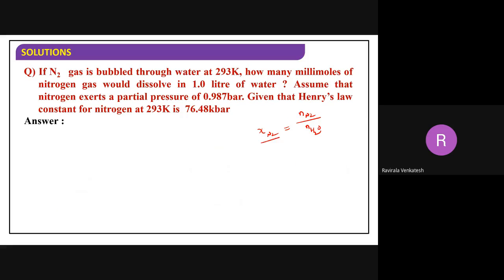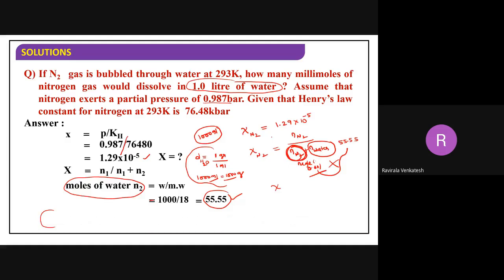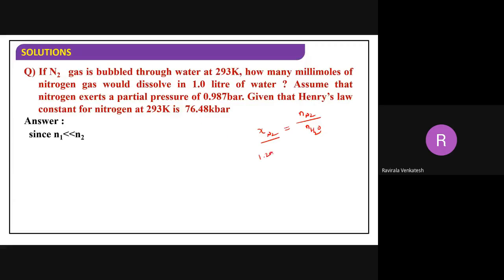How much did we get for the mole fraction of nitrogen? 1.29 into 10 to the power of minus 5 is equal to the number of moles of nitrogen divided by the number of moles of water, which we got as 55.55. Now cross multiplication: the number of moles of nitrogen is equal to 55.55 into 10 to the power of minus 5 into 1.29.